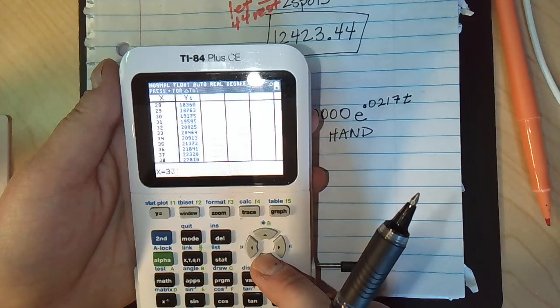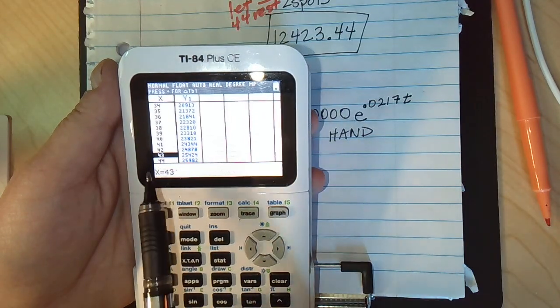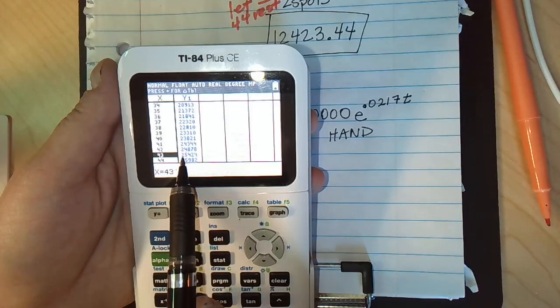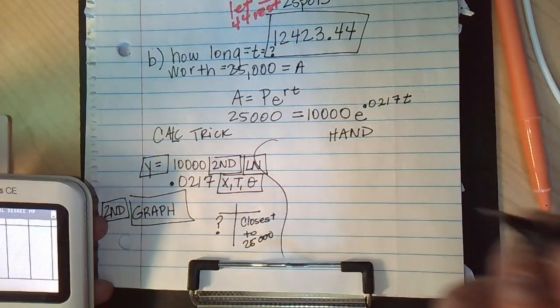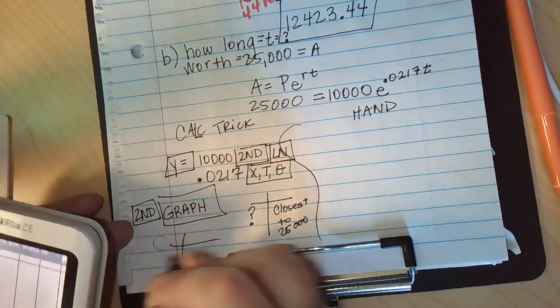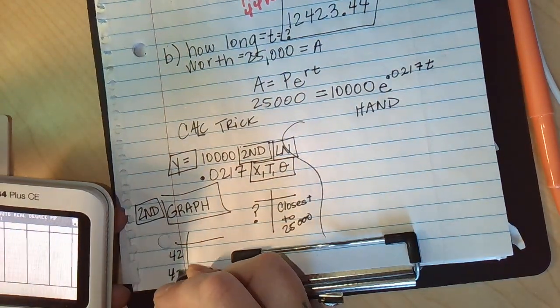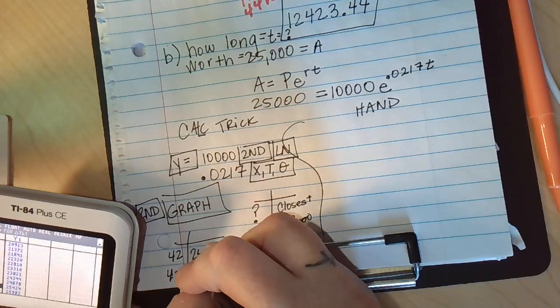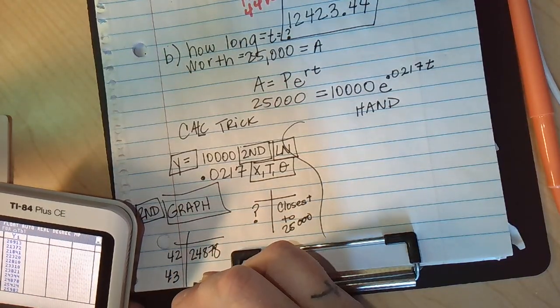And I think the closest thing to 25,000 is maybe this 43. So our chart says 42 and 43, and the 42 is 24 and something like that.